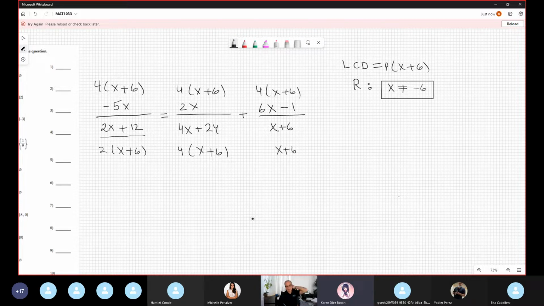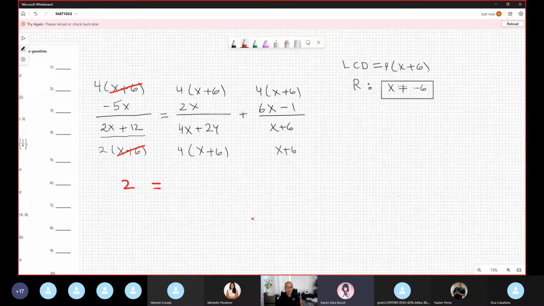Actually, I repeat 4 times (x plus 6) three times. Now I can see it is cancelled, 1 by 1, and 4 divided by 2 is 2. Boom. This is just the left-hand side. And the second, everything is cancelled. Wow, this is identical, no?